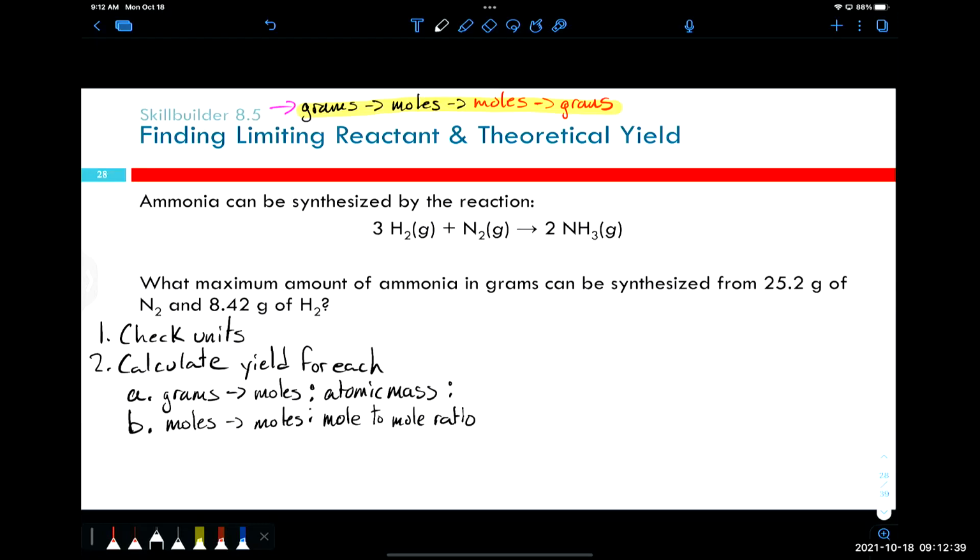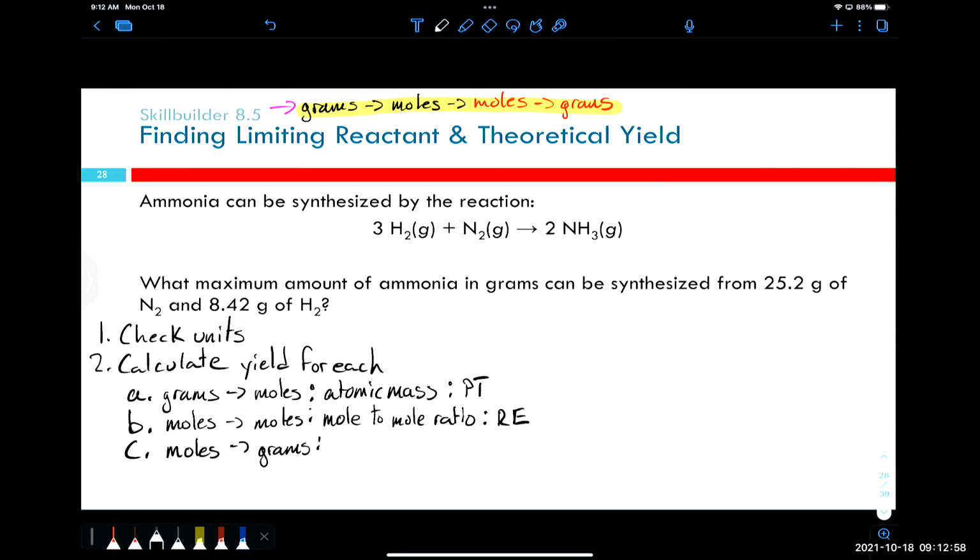So this one comes from the periodic table. This one comes from our, I'm just going to use abbreviations here, our reaction equation. And then C, we're going to go back from moles to grams.